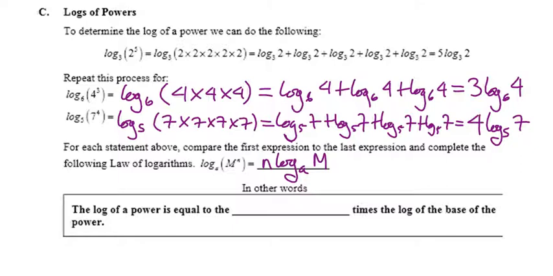Okay, that was written on your formula sheet. The log of a power is equal to the blank times the log of the base of the power. So it's equal to the, what's that? It's called the exponent.